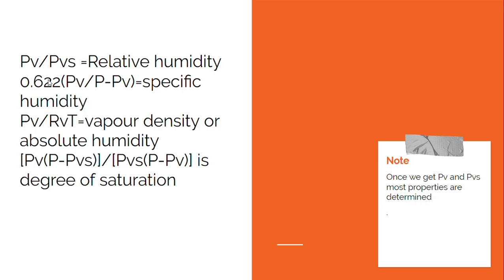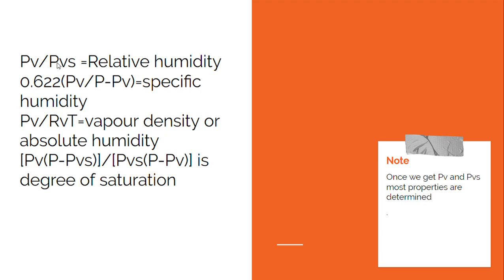In this relation, apart from PV, you will find that the other parameter is PVS. PVS, as we discussed, is also the partial pressure of water vapor, but when the air is saturated. So how do we get the value of PVS? We obtain it from the steam tables again, by looking for the saturation pressure corresponding to, please note, the dry bulb temperature and not the dew point temperature.